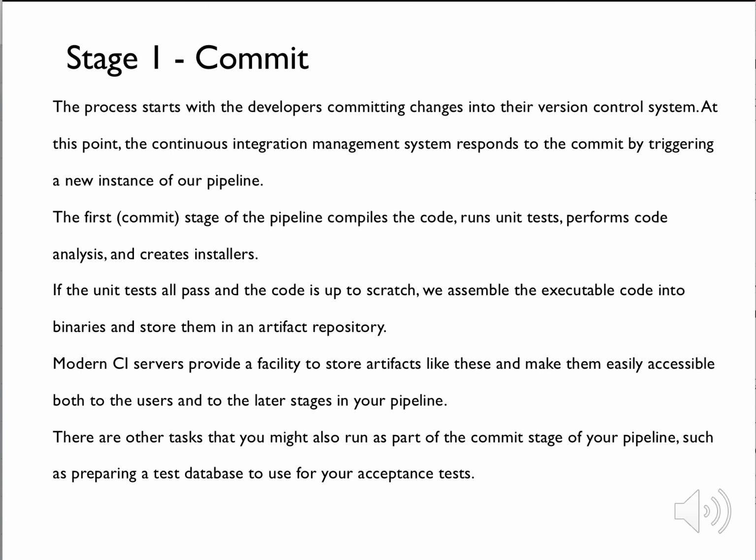The goal of the commit stage is to get feedback on your code as early as possible. The process starts with developers committing changes into the version control system, and the continuous integration management system responds to the commit by triggering a new instance of the pipeline and gives immediate feedback to the developer.